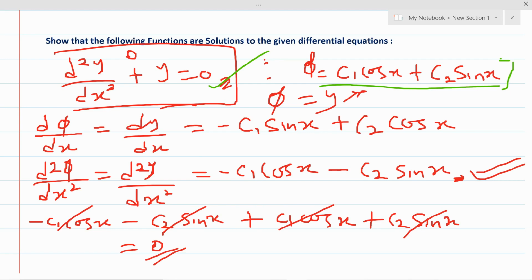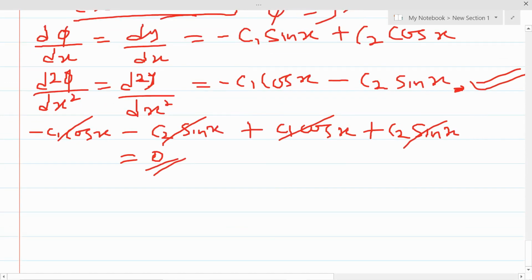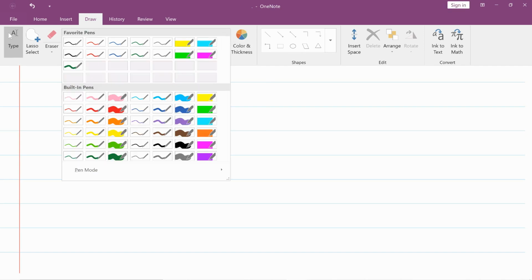Let's look at another example so you really understand it well. Suppose we have a differential equation given as x y prime prime plus y prime equals 0.